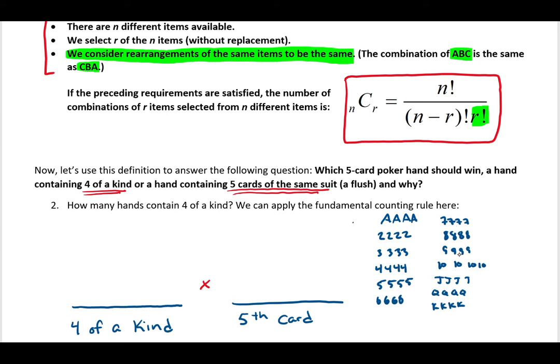So there could be one group of 4 for each type of card. There's 13 of them. So there's 13 different 4 of a kinds.